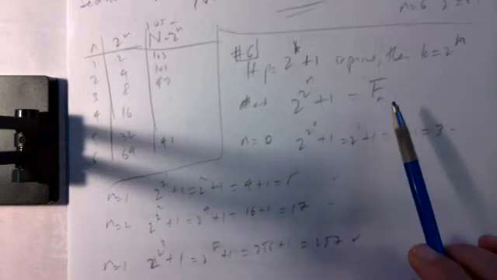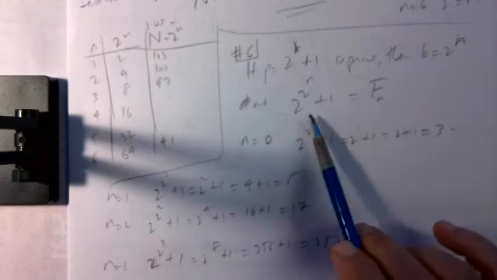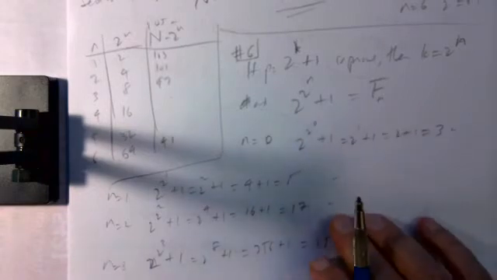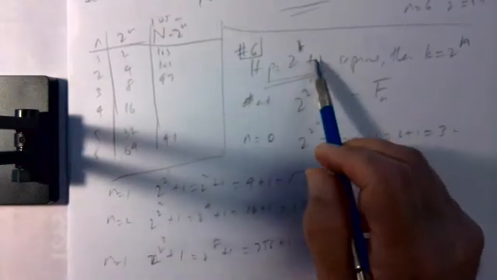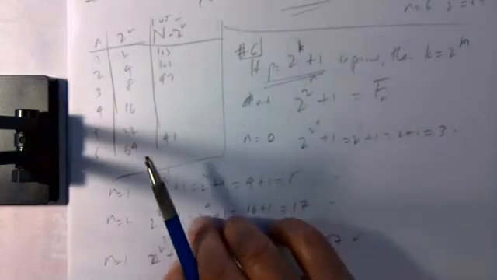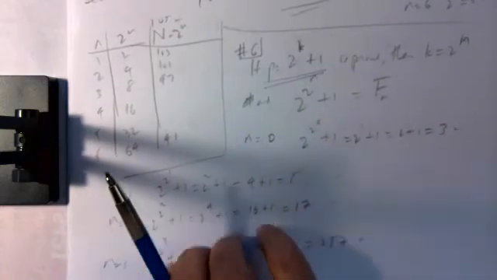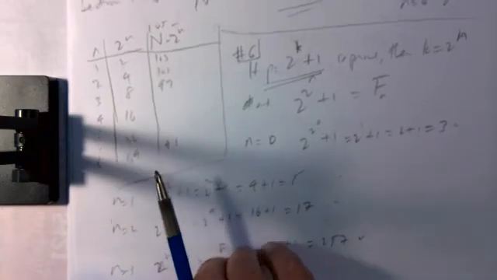Before they had computers, when everything had to be done by hand, there was the possibility that every number of this form was prime. But you could also show, and this is the problem, that if a power of 2 plus 1 is prime, this power k itself has to be a power of 2. And to prove that, you need to know some factoring from high school algebra.